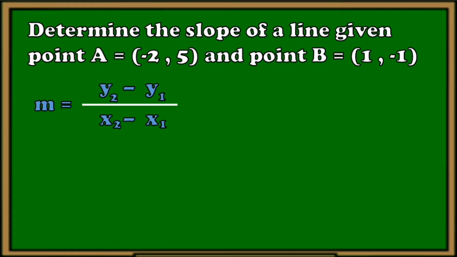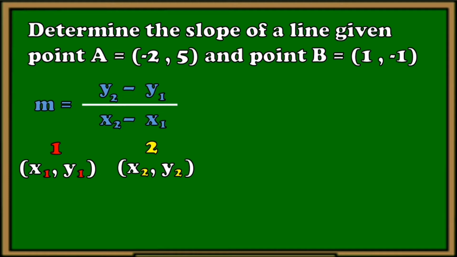To make it easier, let's write two numbers, 1 and 2. Under number 1, we're going to write a subscript number 1 beside the x and y coordinates. Under number 2, we're going to write a subscript number 2 beside the x and y coordinates.